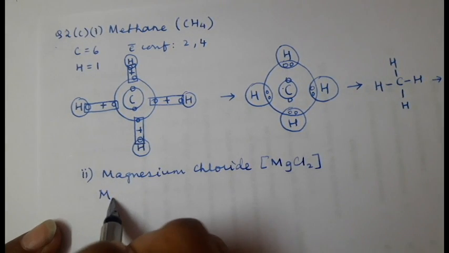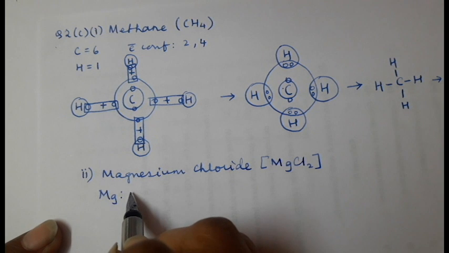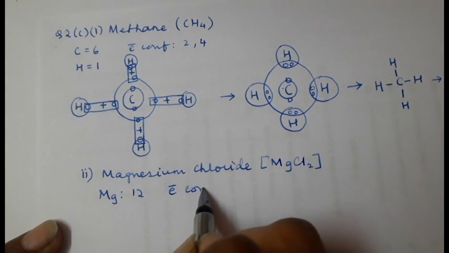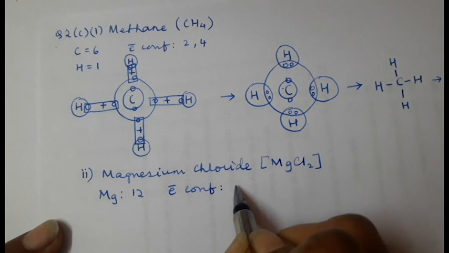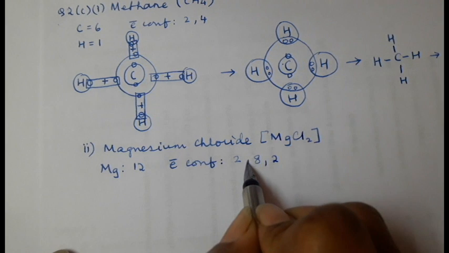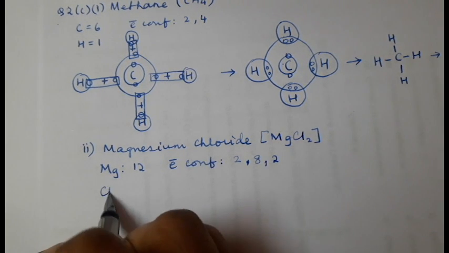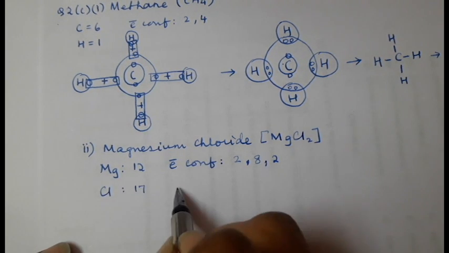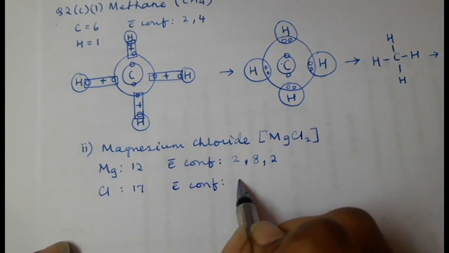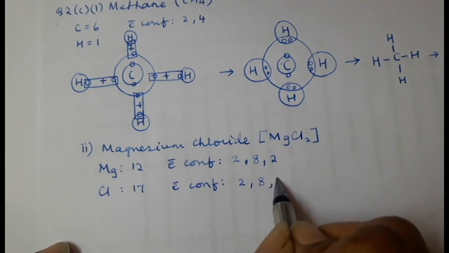You will have Mg given as 12 and the electronic configuration for Mg is 2,8,2, and for Cl it is 17, so the electron configuration is 2,8,7.